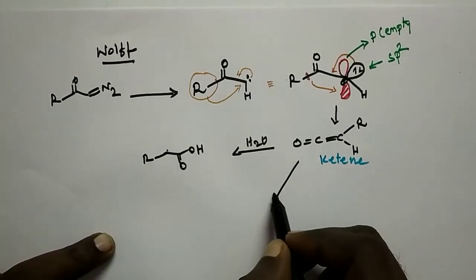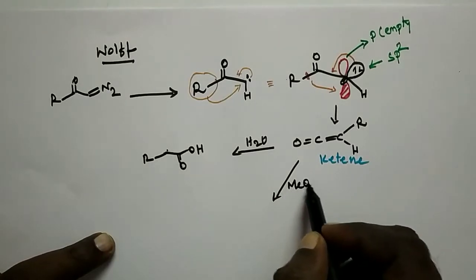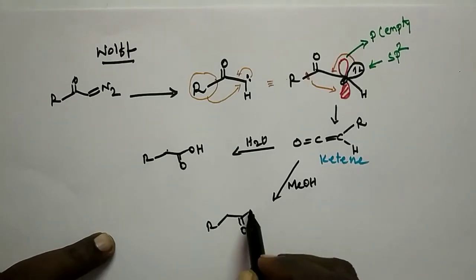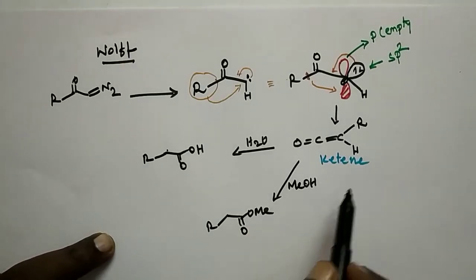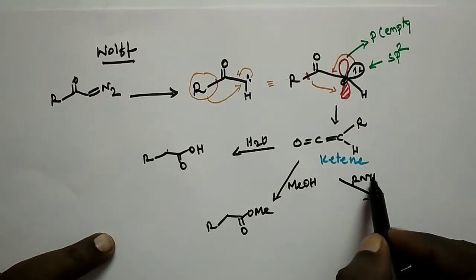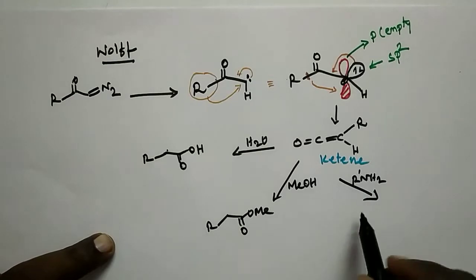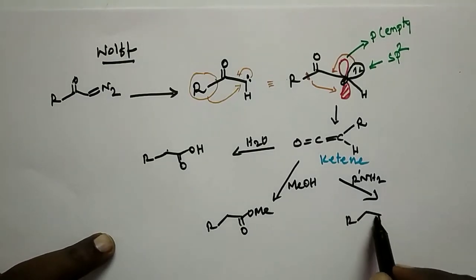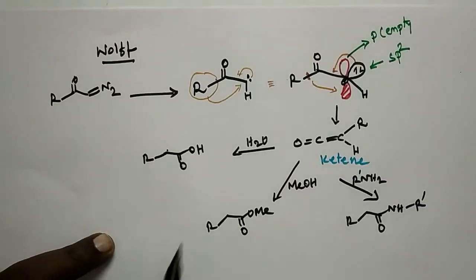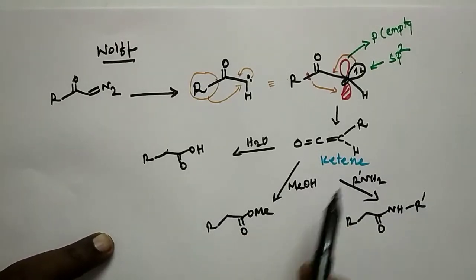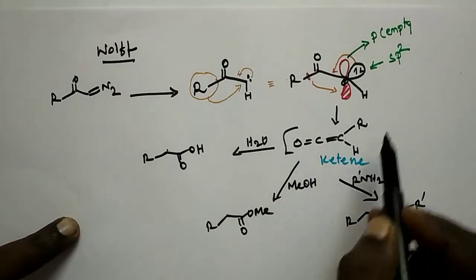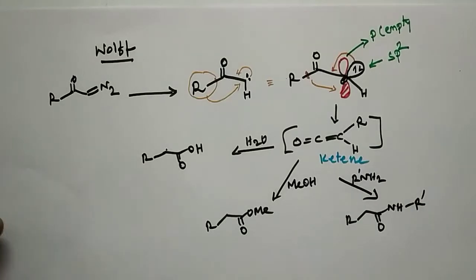And if the same ketene is treated with methanol, I will get RCH2COOMe. Again if it is treated with amine, R prime NH2, I get RCH2CONHR prime. So I get acid, I get ester, I get amide. Everything is from this ketene. Ketene is an unstable species.